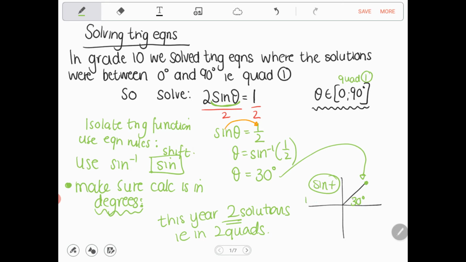So in the second quadrant, my angle would be 180 minus 30, so it would have been 150. So sine theta equals 1/2 would give you a solution of 30. That's called my reference angle, the small acute angle. And then there's always another solution in one of your other quadrants, which is always your reference angle. And then we use it on the cast diagram.